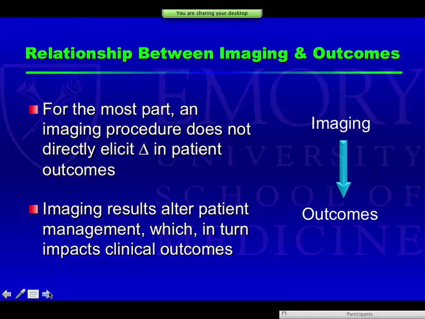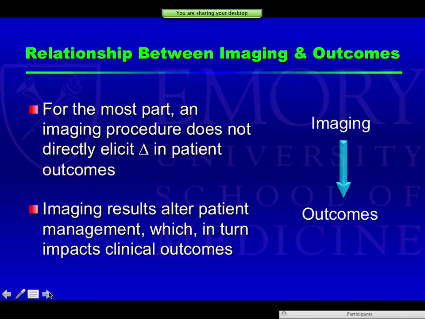Importantly, think about an imaging modality and how you work up a patient. The patient is sent for a diagnostic test, many patients, millions of patients every year. That imaging modality is interpreted. Based upon the imaging results, you make a change in management. That means that the imaging modality does not actually elicit a change in outcome, but it's the therapeutic intervention that makes a change in outcome.